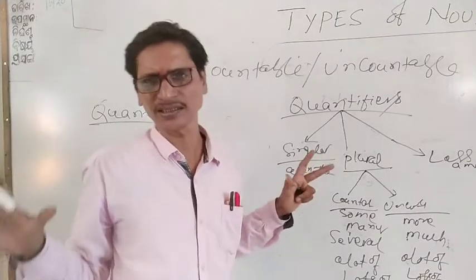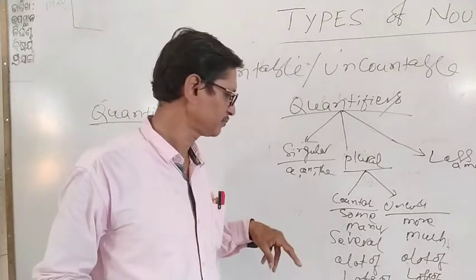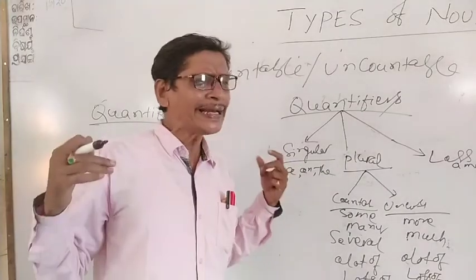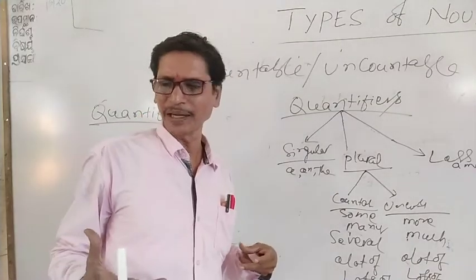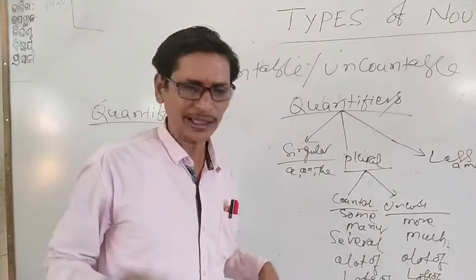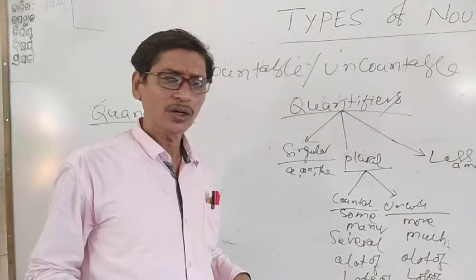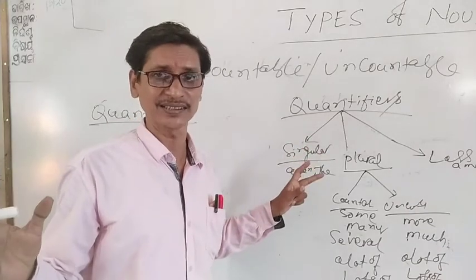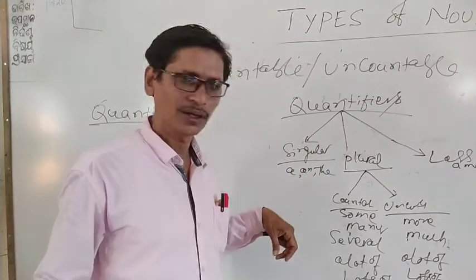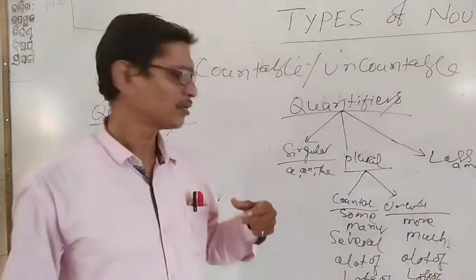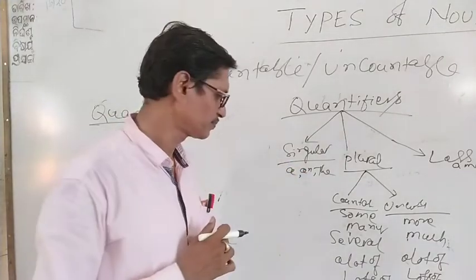I have some friends in Bhubaneswar, often helping me. I don't have many friends in Baroda. Several of my friends can talk in Telugu language. Okay, lots of friends are coming to my house on my birthday. Okay, these words we use as quantifiers for countable nouns.